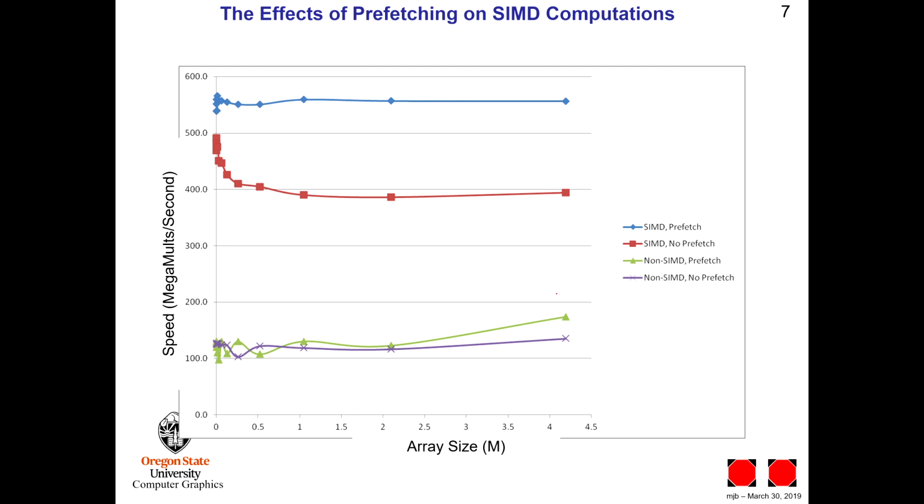With non-SIMD, the prefetch didn't make that huge a difference, but with SIMD, it made quite a difference. That is, no prefetches here, with prefetches there. Yes, it was able to keep the SIMD mechanism much busier with the prefetch. So if you've got a problem that can really take advantage of SIMD, then you really need to look at prefetch as well.